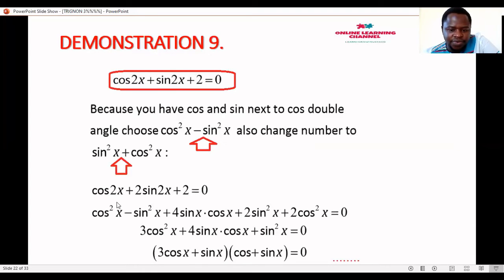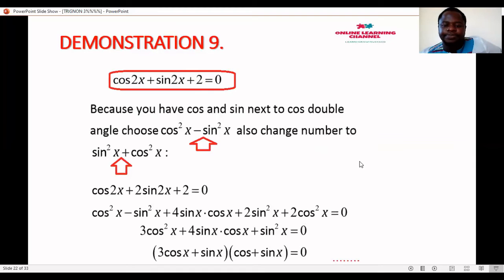Then you simplify this, it will give you 3 cos squared x plus 4 sin x multiplied by cos x plus sin squared x, and then you factorize: 3 cos x and cos x, and then sin x and sin x. It's all positive because here they are positive.